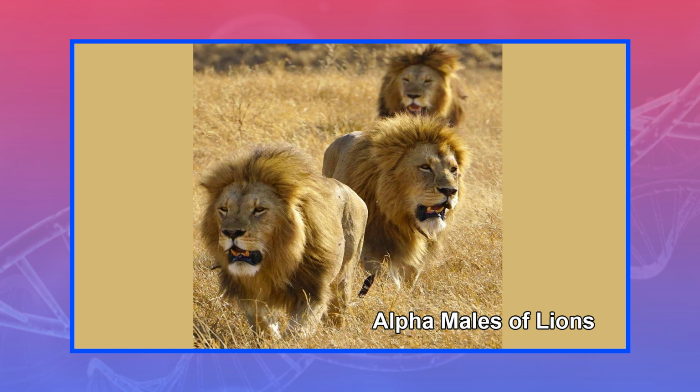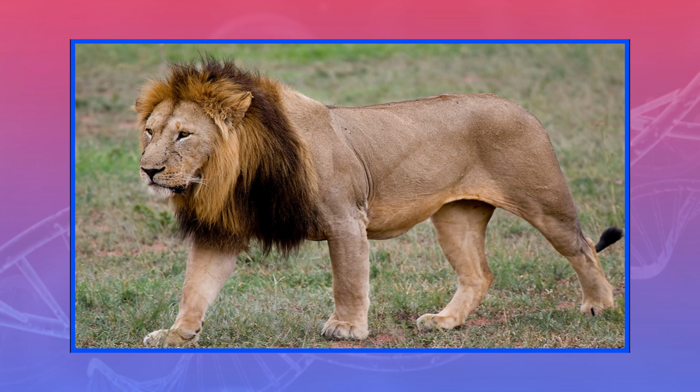One brother may come to acquire leadership over another's pride and subsequently mate with his niece or cousins. However, killing another male's cubs upon the takeover allows the new selected gene complement of the incoming alpha male to prevail over the previous male.